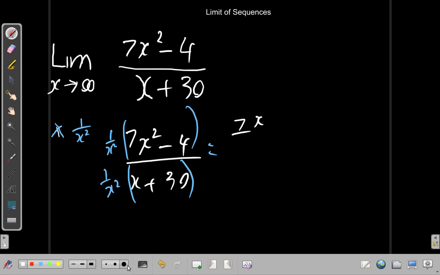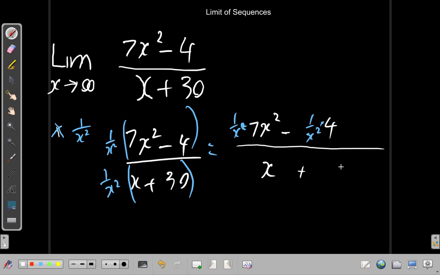You have 7x squared multiplied by 1 over x squared, minus 4, but that is multiplied by 1 over x squared, all over x plus 30, but each of them is multiplied by 1 over x squared.